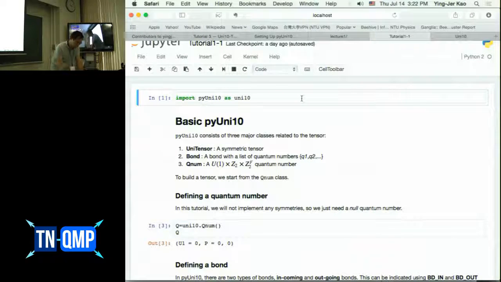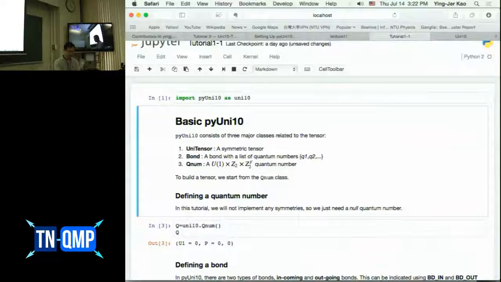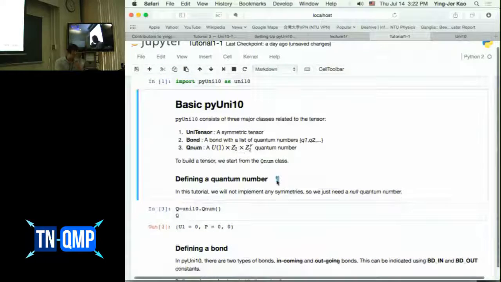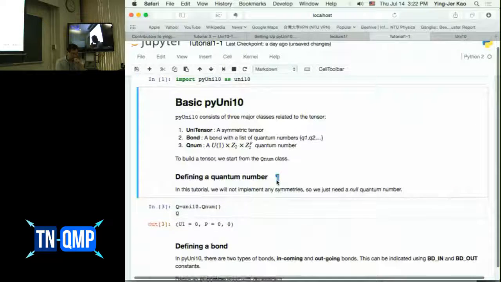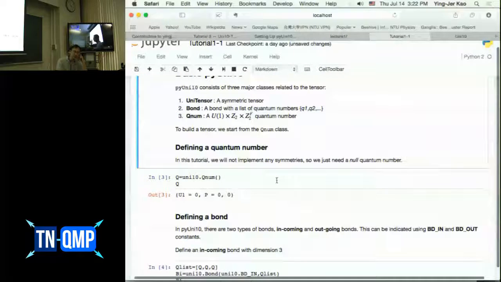If you install the PyUni10, then all you need to do in Python is just import it. The basic idea to use this library is you start from the smallest thing, so you start with the quantum number.